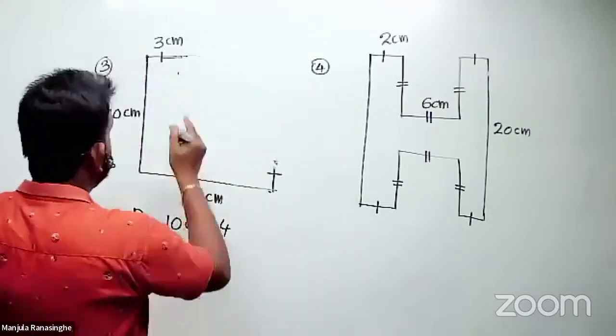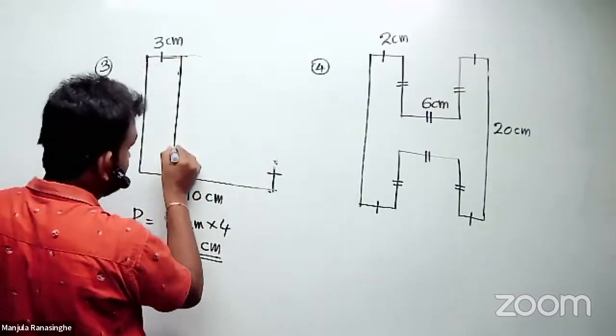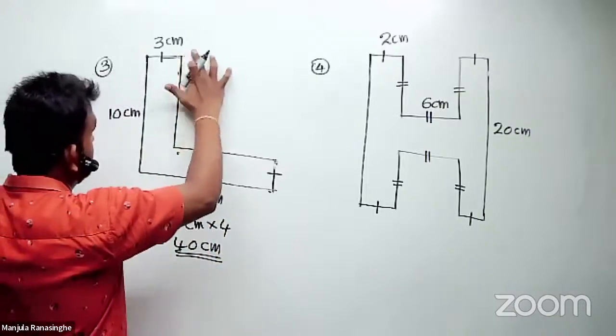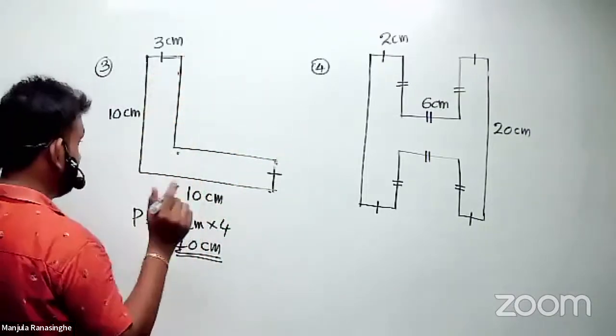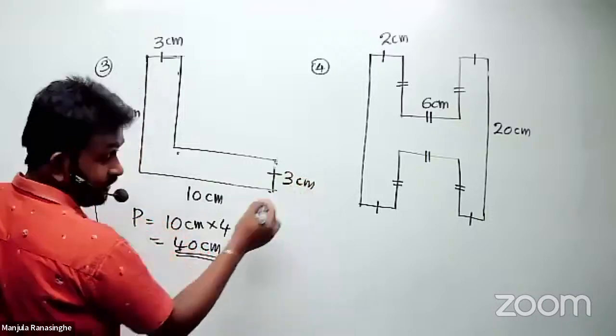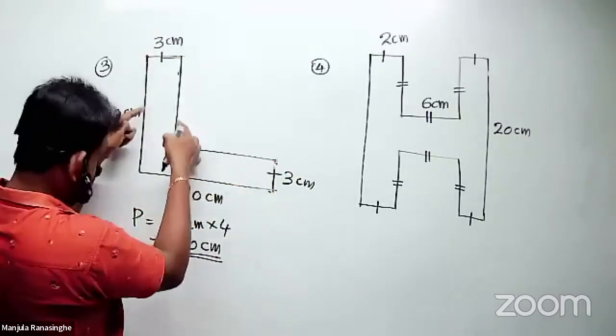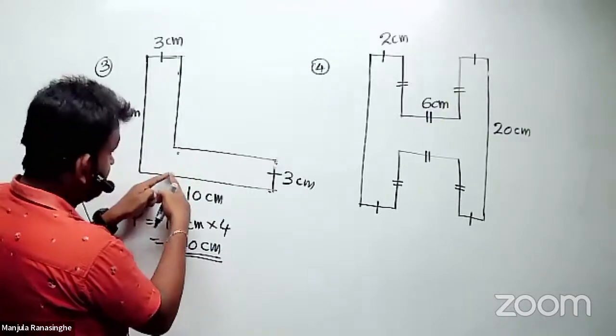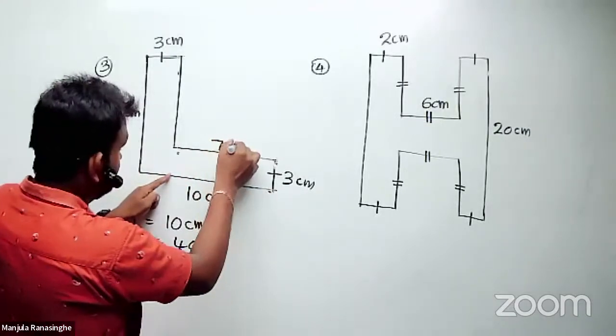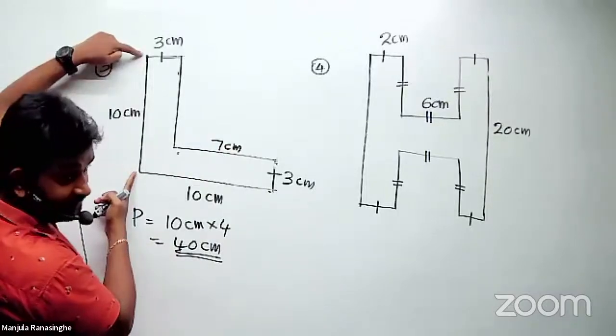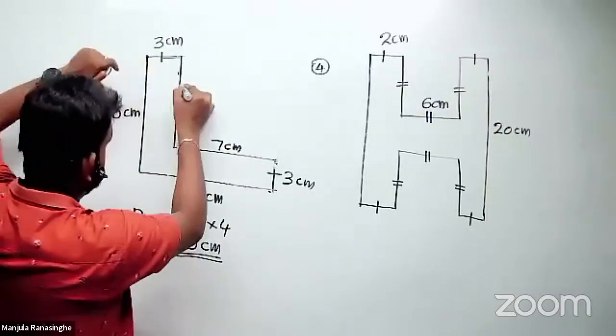See there, this and this. Here 3, here 3. So you can find out this length. How? This is 10 and this part is 3, so this part is 7. Similarly, the whole part is 10, this part 3, then here also 7.